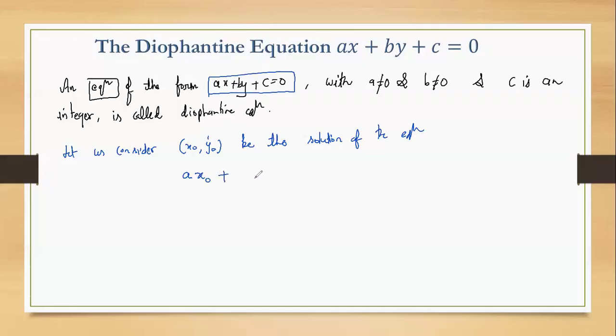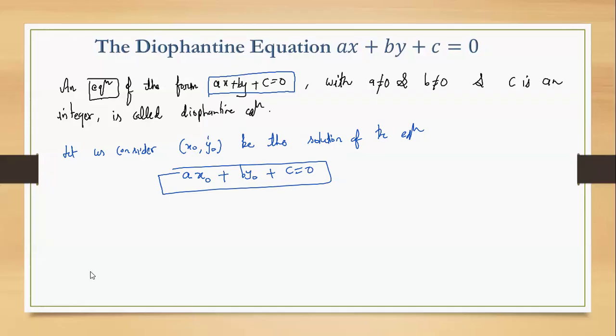Therefore it will look like this: ax0 + by0 + c = 0. A Diophantine equation can have multiple solutions as well; it is not necessary that it will have only a fixed solution.